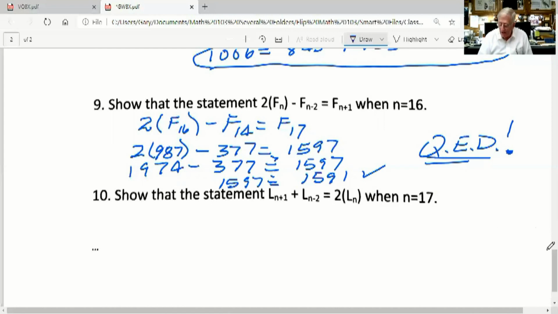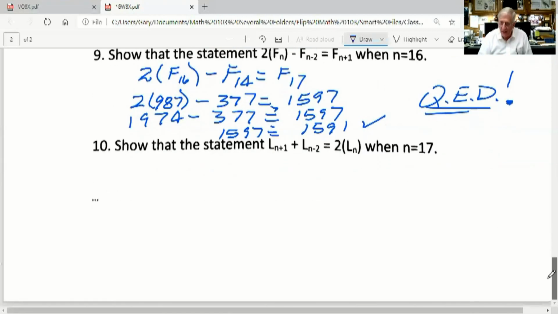We are now going to determine if I take Lucas number n plus 1, add to it Lucas number n minus 2, will I get twice Lucas number n when n is 17? So I will fill it in first with the subscripts. If I take Lucas 17 plus 1, that would be Lucas 18.